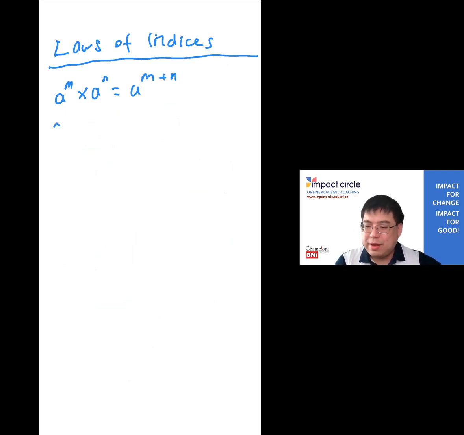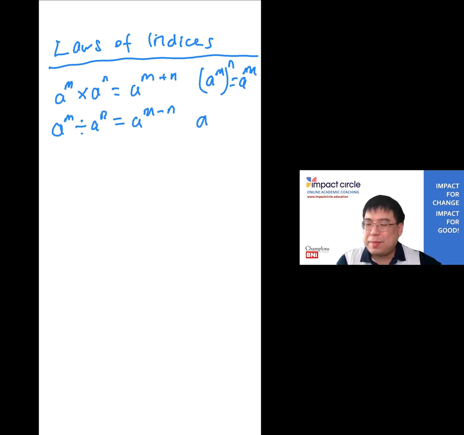We have a^m divided by a^n equals a to the power of m minus n. We have a to the power of m to the power of n equals a^(mn).